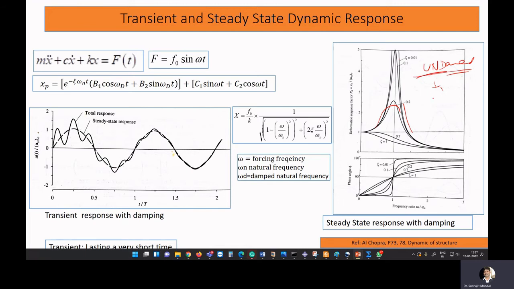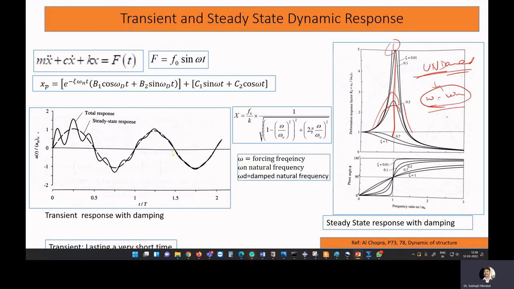Once we increase the damping, the magnitude of vibration gets reduced. The magnitude of vibration is very large when our forcing frequency is very close to our natural frequency. So here we observe that when the forcing function is close to our first natural frequency, we are getting a large amount of vibration.